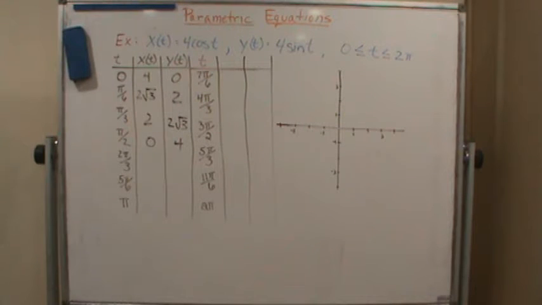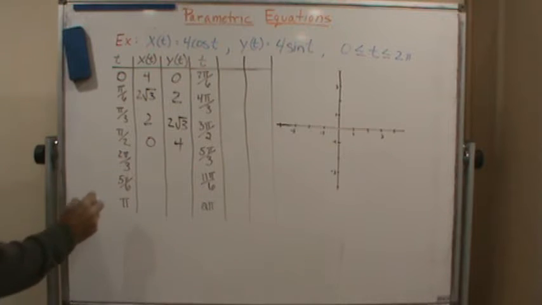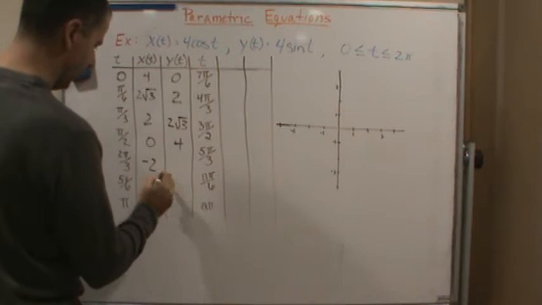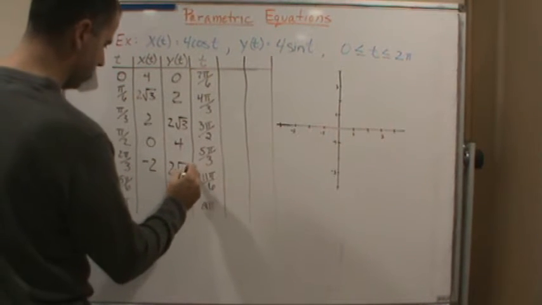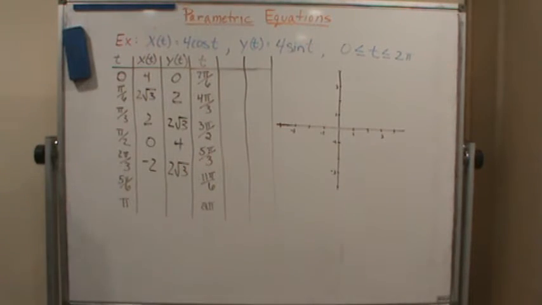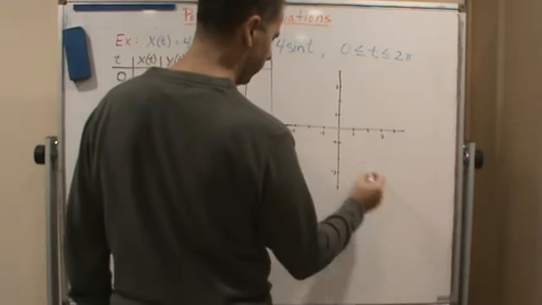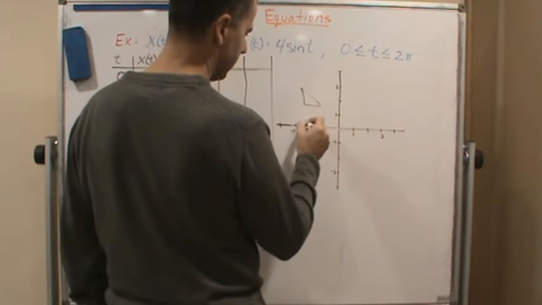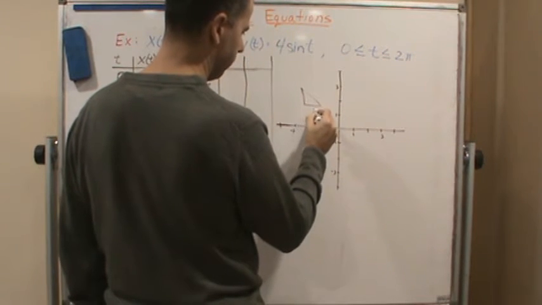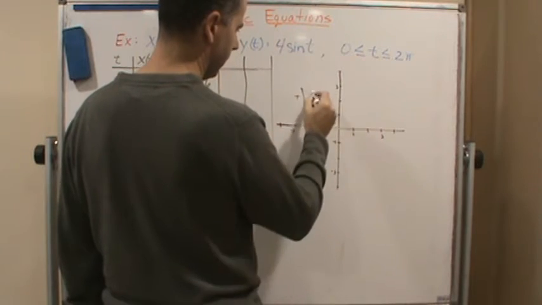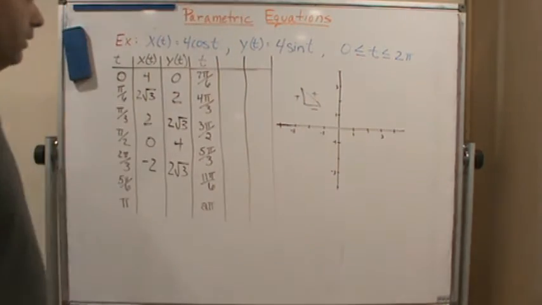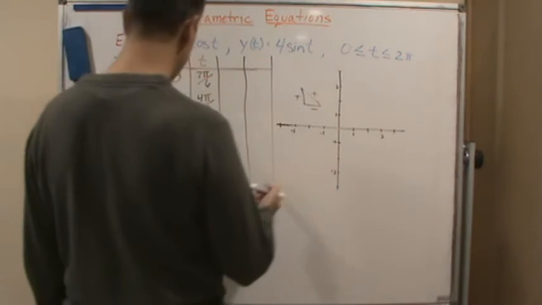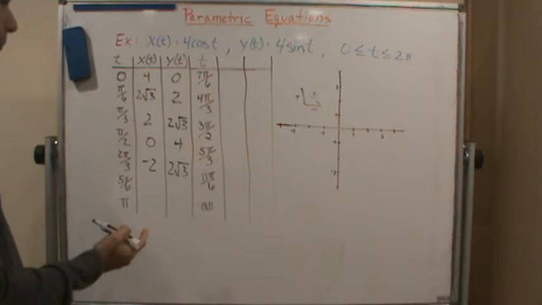And so if you build your triangle in the second quadrant, you're going to get -2, and you'll get 2 times the square root of 3 here. So that means this is going to be negative, right? This is going to be positive, and this is going to be positive. So again, the angle is still going to be the same thing.